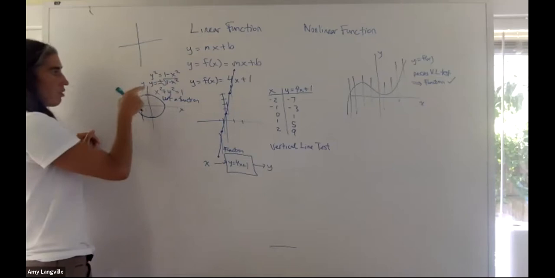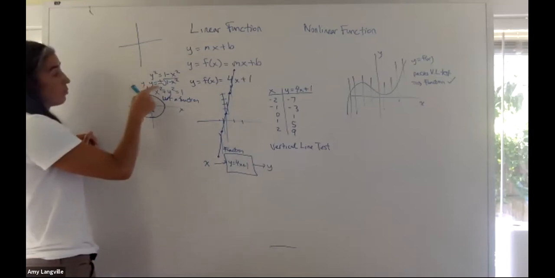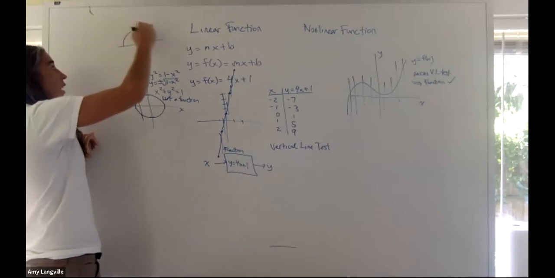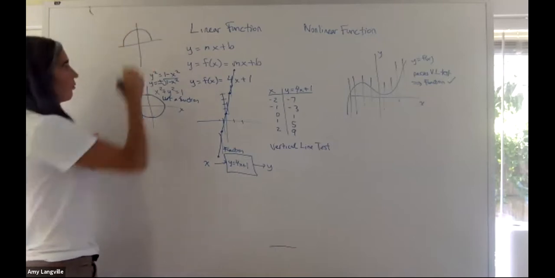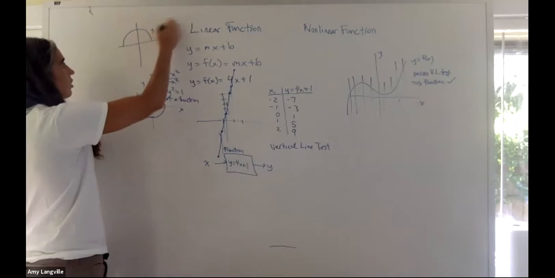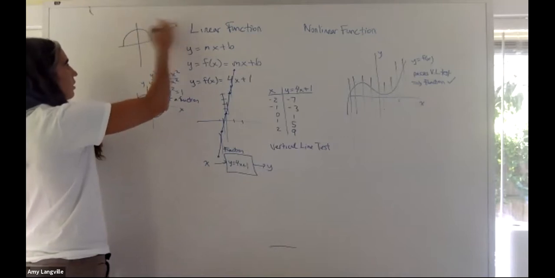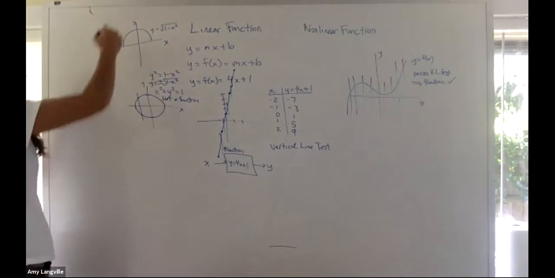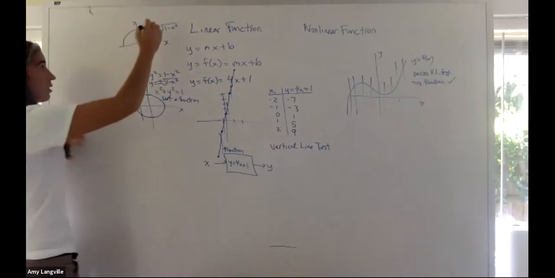So in your calculator, you enter the positive part, y equals positive square root of 1 minus x squared. Your calculator comes around and graphs that. That's the top half of the circle. That is a function. It does pass the vertical line test.